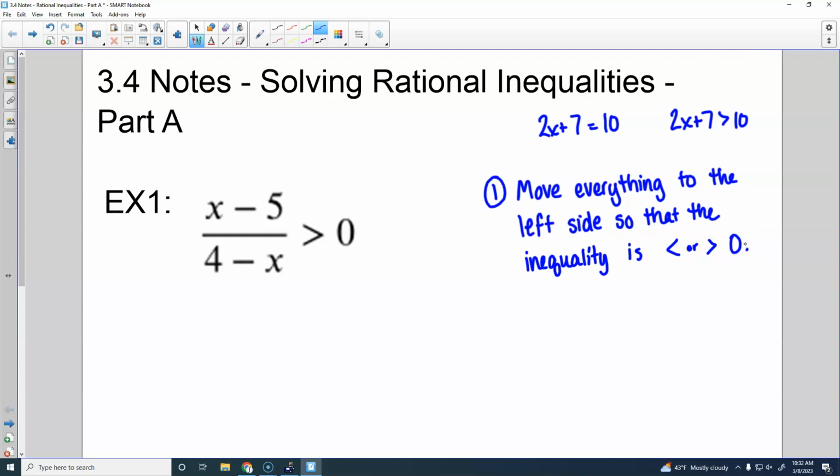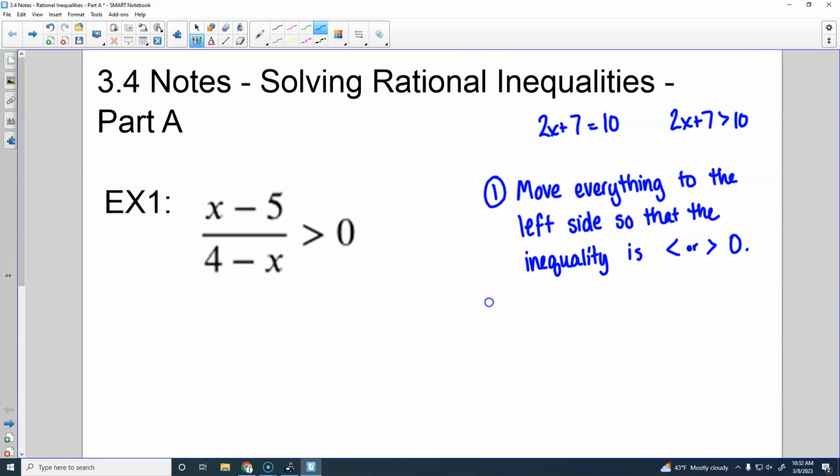So on the right-hand side, you want to have a 0. Today, every problem we look at is already going to have that happen for us, so we're not going to do that step today because all of the problems are already going to have everything moved to one side. Tomorrow, we will look at problems where that's not the case and we've got to move stuff to one side.